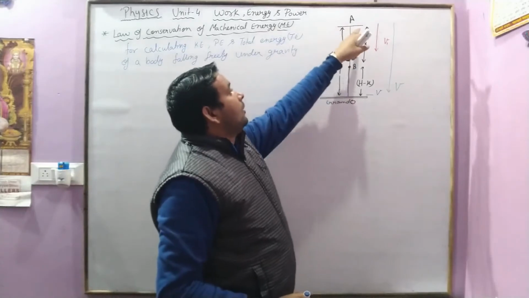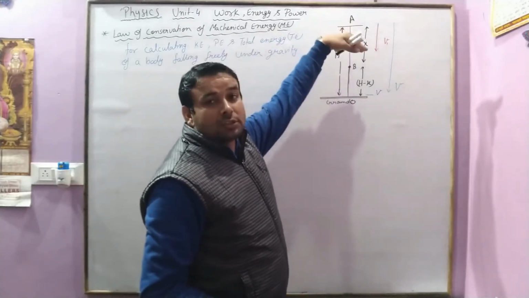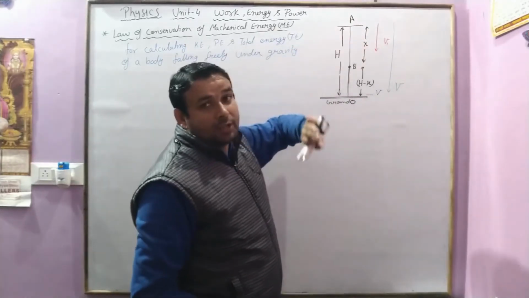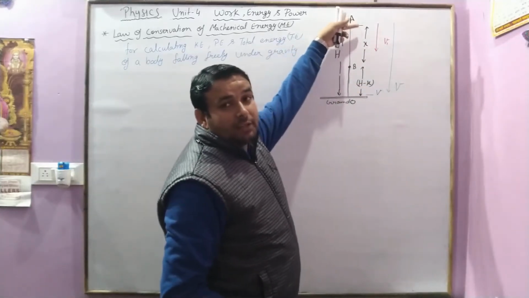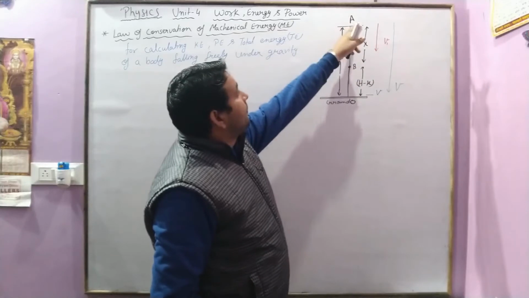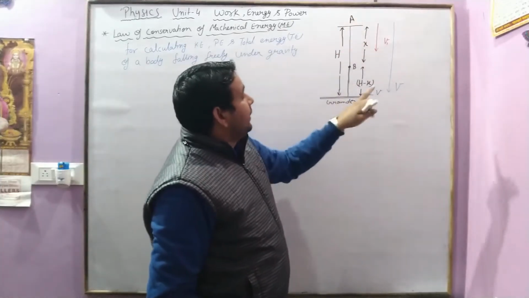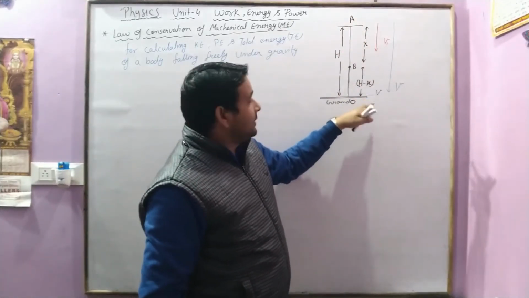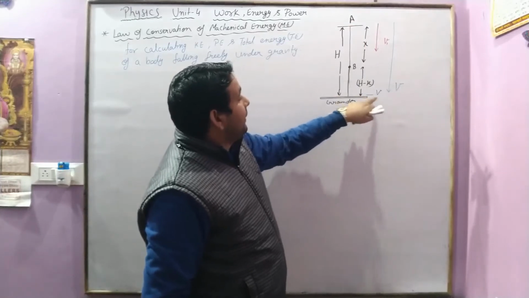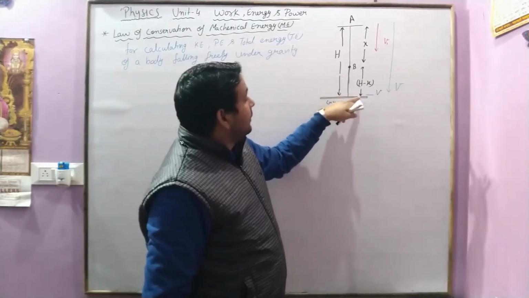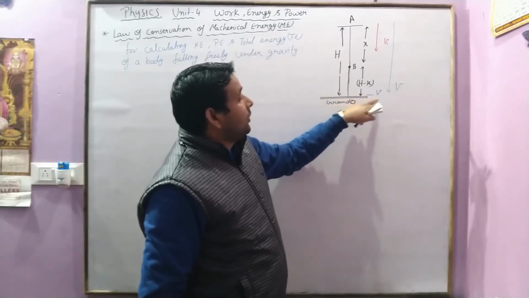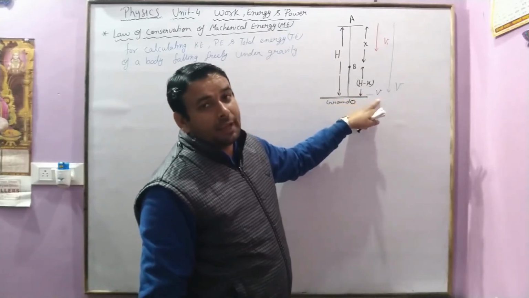Okay, now when it falls freely under the effect of gravity, its potential energy is converted into kinetic energy. When it just reaches the ground, it is all kinetic energy.